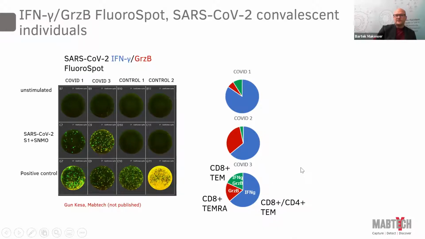Looking at the graphs here, there are also quite big differences between individuals. Individual number 1, for example, has a lot of cells making interferon gamma, but not many cells making granzyme. And of course, the cells making granzyme, in red and green, are cytotoxic T cells, and those are very important for killing virus-infected cells, as I said. So those are quite interesting to take into account as well.